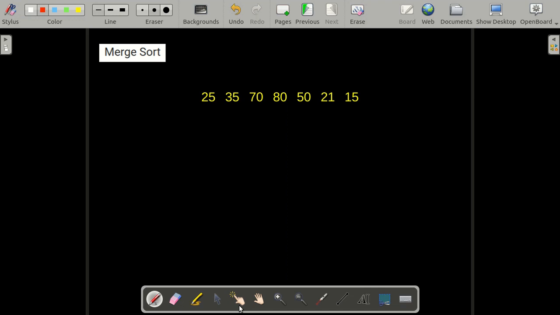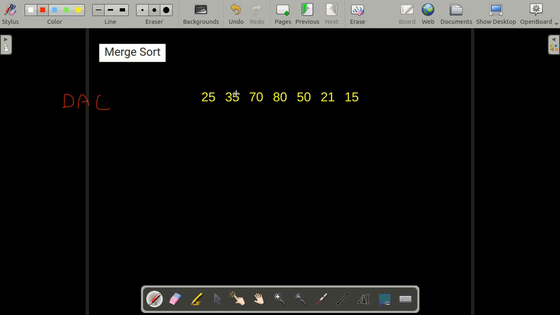Now as I said, we'll use the merge algorithm in this type of sorting technique, so let's see what the need of using it is. Merge sort is a divide and conquer type technique. That is, we divide our big problem into small problems. We conquer these small problems. Conquering means that we solve these small problems and then combine their solutions in order to get the solution to the big problem.